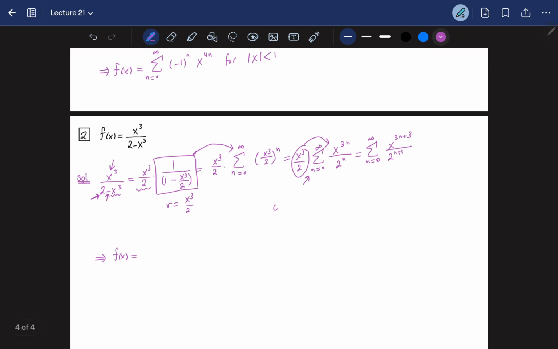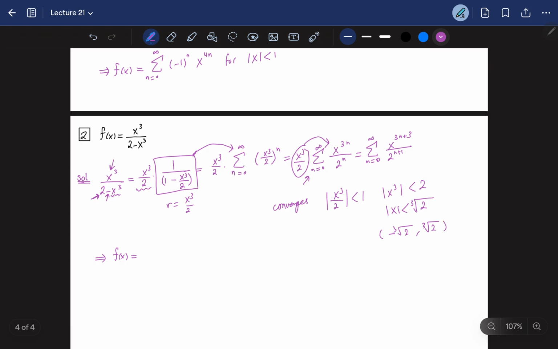Now this converges if and only if your r, which is x cubed over 2, is less than 1. If you cross multiply, then the absolute value of x cubed is less than 2. If you take the cubic root, then it converges when x is between negative cube root of 2 and the cube root of 2.